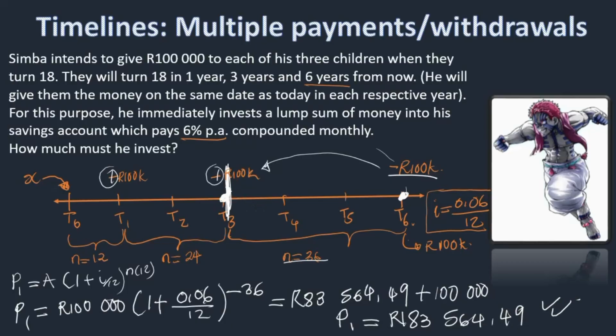So at this point, when I'm counting backwards, I should be having 183,564. So I need to move backwards again. From here, I'll move 2 times and add another 100k. Let me erase this.